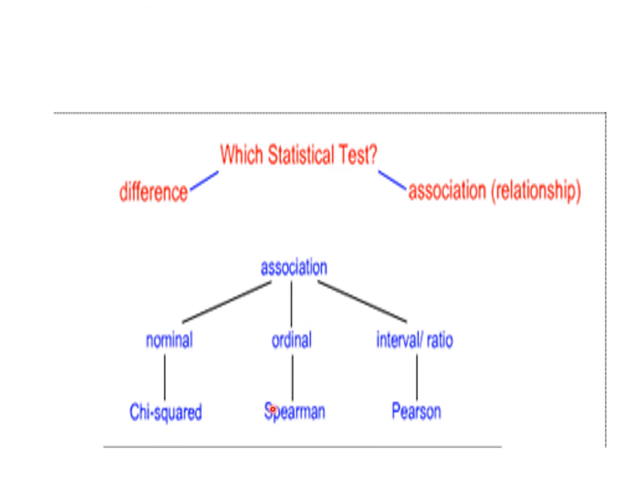If the dependent variable is ordinal, then we might use Spearman. Or if it is interval or ratio, like in our case the students' grade, then Pearson is the most appropriate method of analysis instead of Spearman or chi-square.